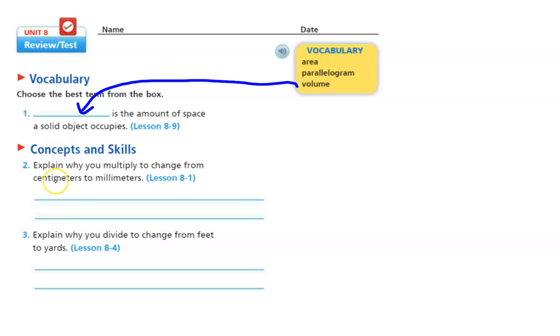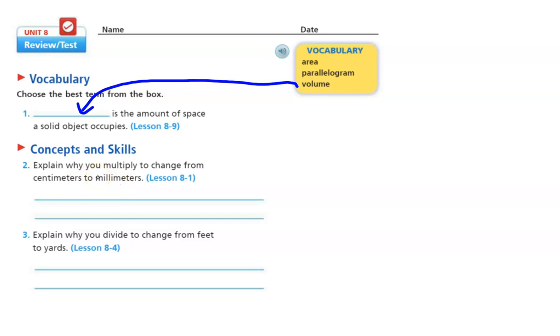So then this one is two concepts, and they're kind of the opposite of each other. Number two says, explain why you multiply to change from centimeters to millimeters. So hopefully you said something along the lines of centimeters are larger than millimeters, that this is a larger measurement, and you're going to something smaller, a smaller measurement.